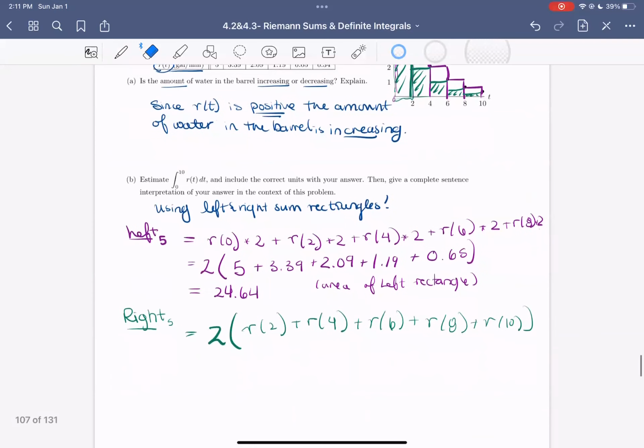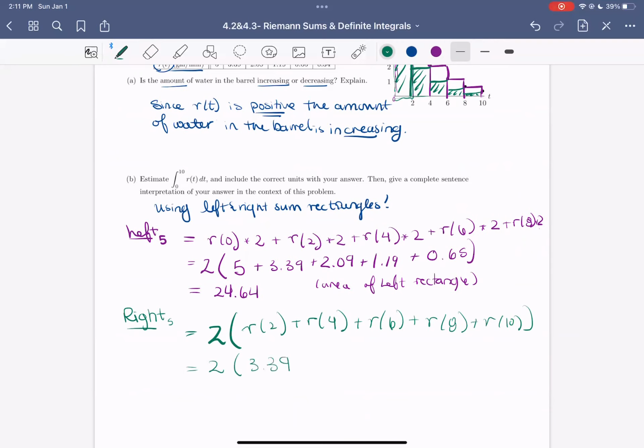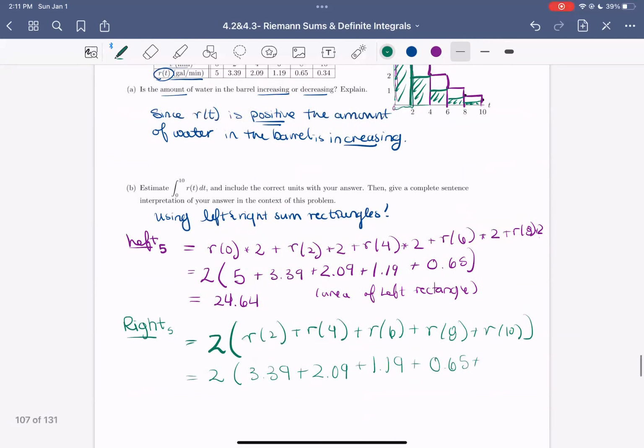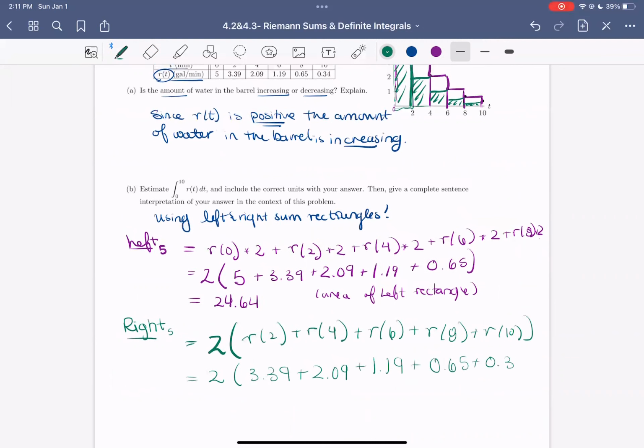And then using the values of our function r, we see that this becomes 2 times 3.39 plus 2.09 plus 1.19 plus 0.65 plus 0.34. And we get, in the end, 15.32. This is the area using right rectangles.